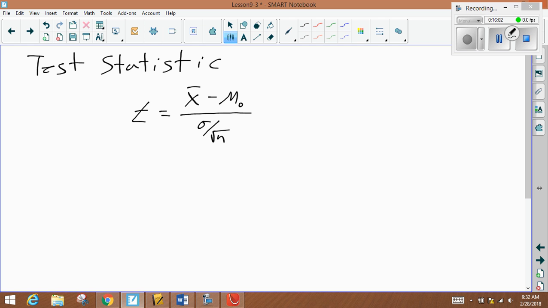And then if you don't know it, right, sometimes you'll be given the population standard deviation, but more often than not, it'll be S sub x, the standard deviation of the sample, divided by square root of the size of the sample.